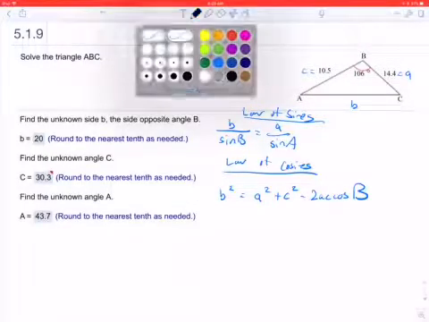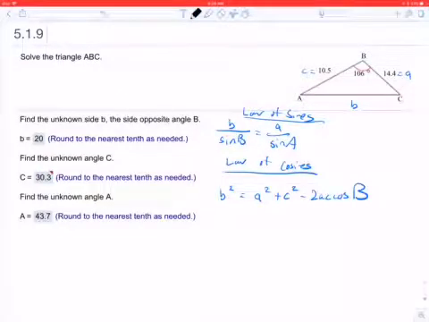So we have side A, we have side C, and we have angle B. The only thing we don't have is side B.